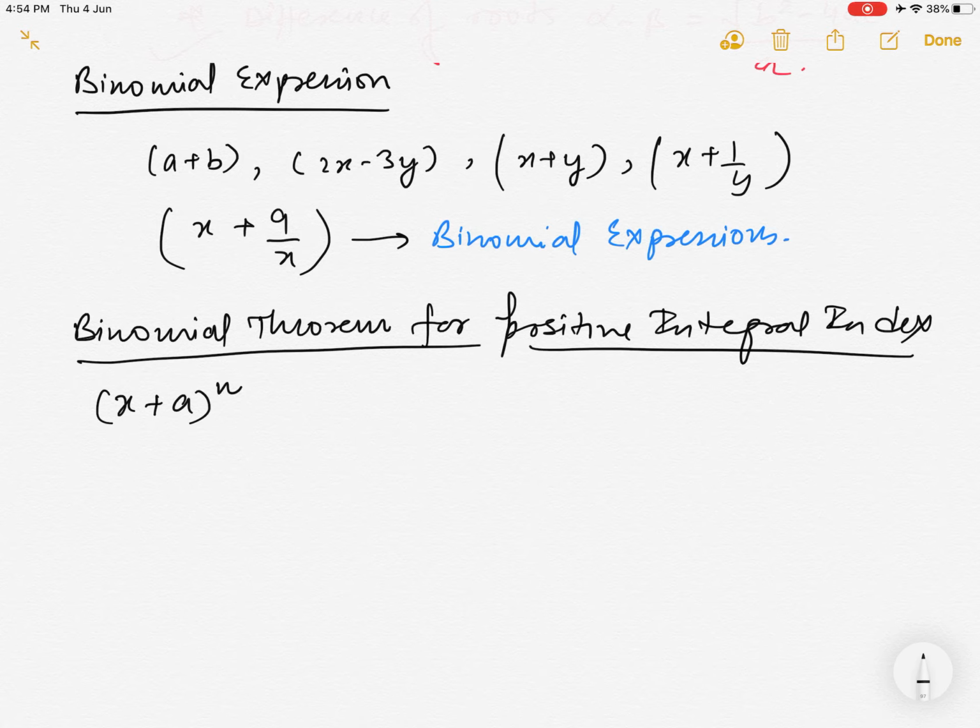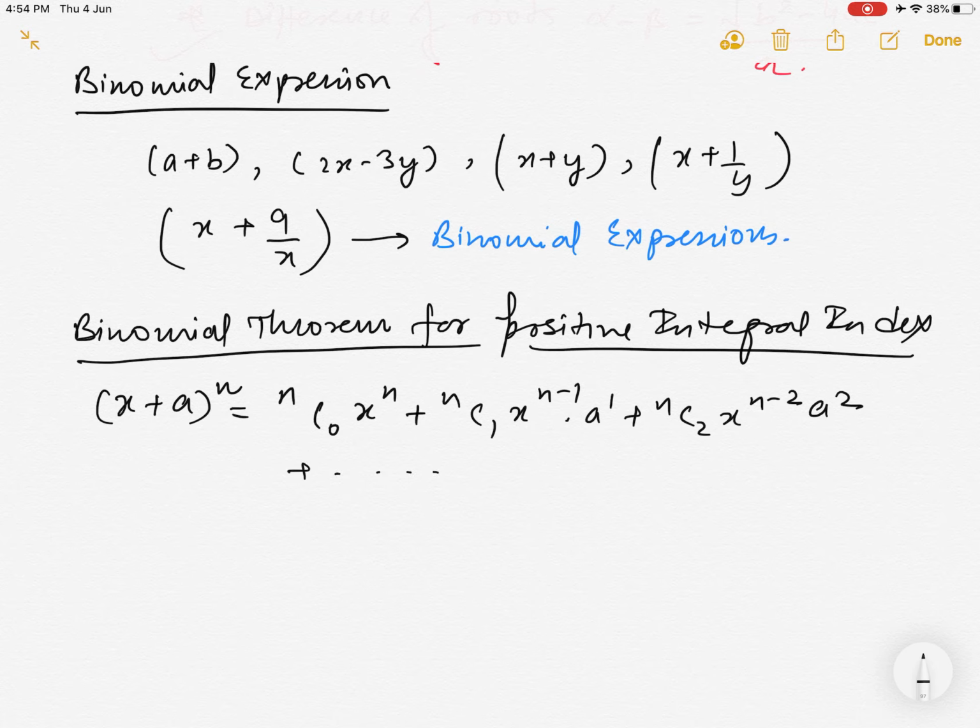So if you have a binomial like this, x plus a, and it is raised to some power, let's say n, then the expansion of this is written as nC0 x to the power n plus nC1 x to the power n minus 1 into a to the power 1 plus nC2 x to the power n minus 2 a to the power 2.